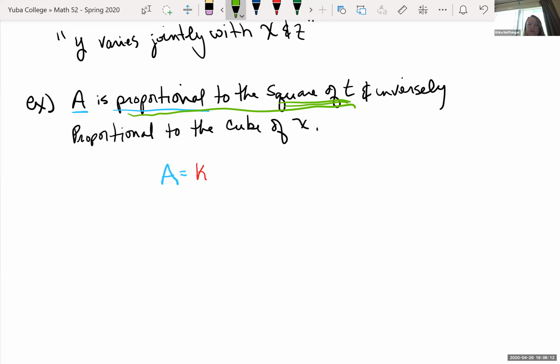So proportional means multiplication in this case, and the square of t, so I can write t squared, t raised to the second power. Then it tells me it's inversely proportional to the cube of x. Inversely means I'm going to have it in the denominator, and the cube of x can be written as x cubed. And so now we wrote this statement with the information given.